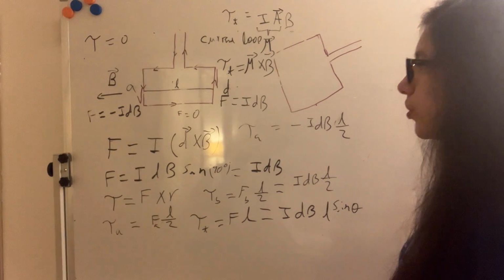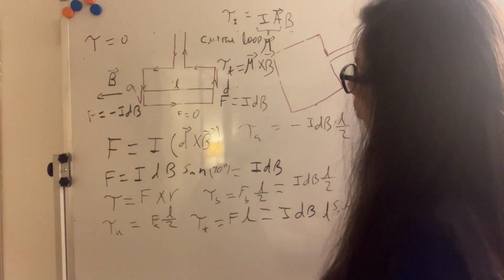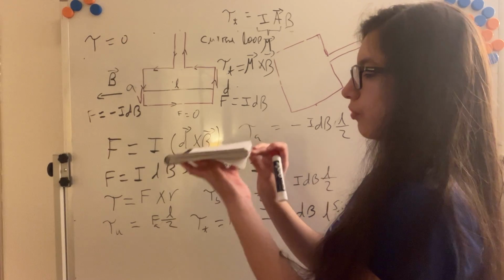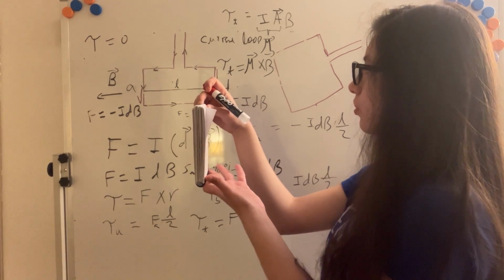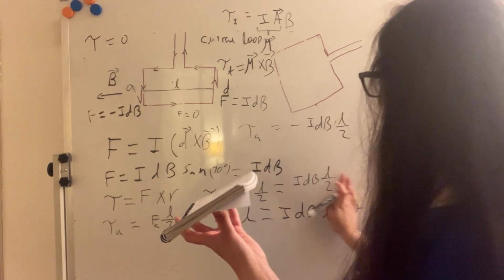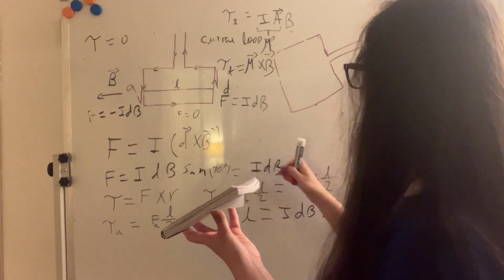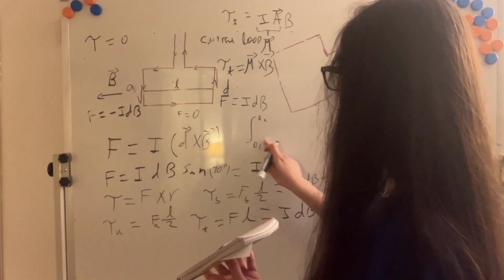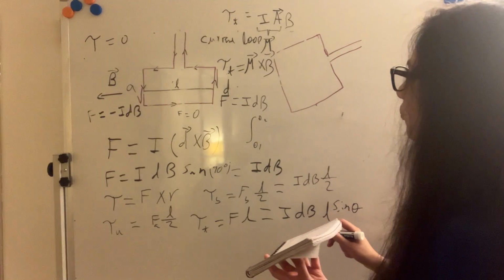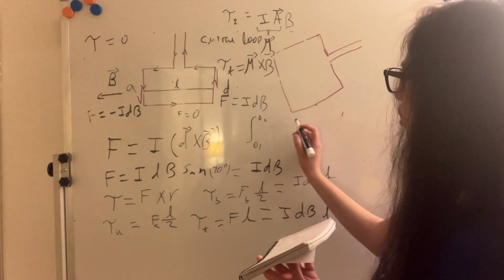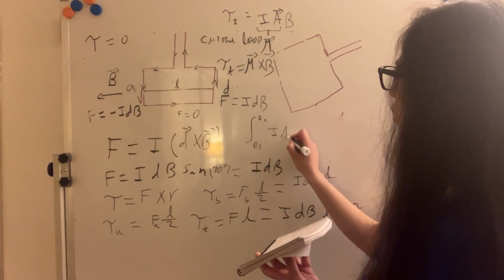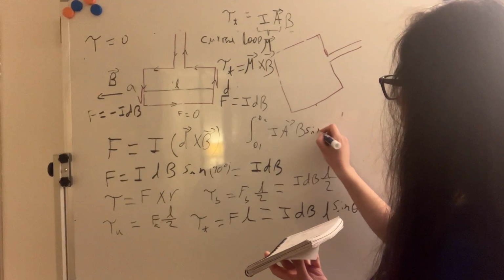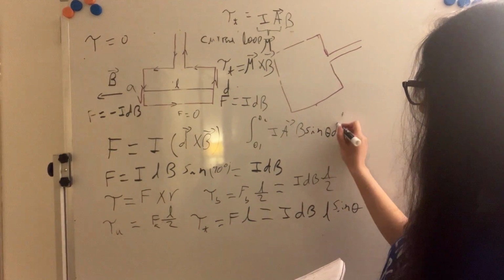Now, what is the energy or the work done when we are rotating the current loop from here to a torque of 0? We will have the integral from theta 1 to theta 2 of the torque, that would be I A B sine theta d theta.